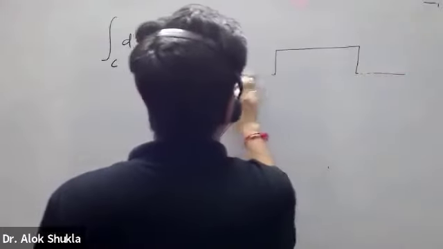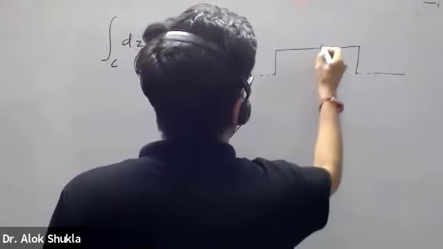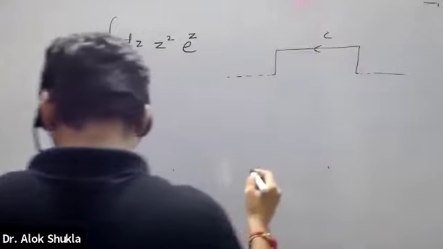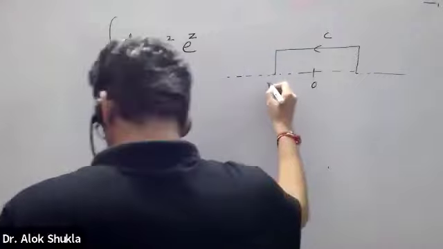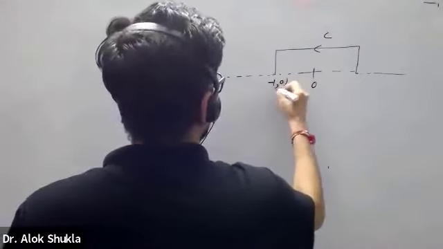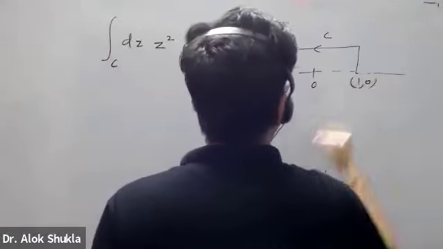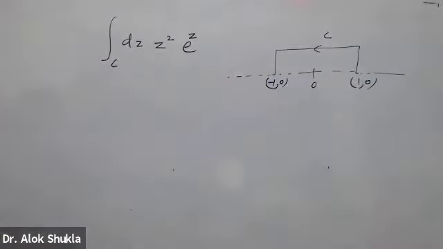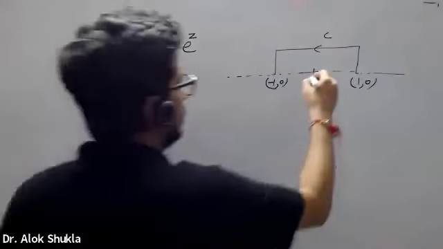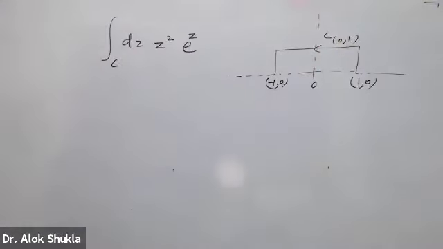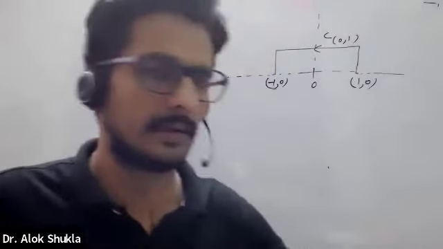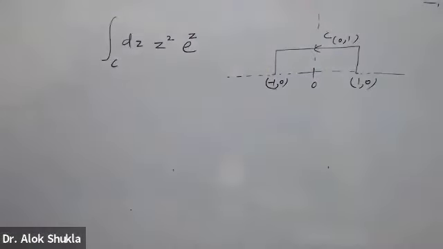This is our axis actually, and this is the contour, and suppose this is 0, this is minus 1 comma 0, and this is 1 comma 0. This is the x axis, and this is the y axis, this is 0 comma 1. Okay, now the solid line is the contour and the dotted line is the axis, and we have to find out this integration.